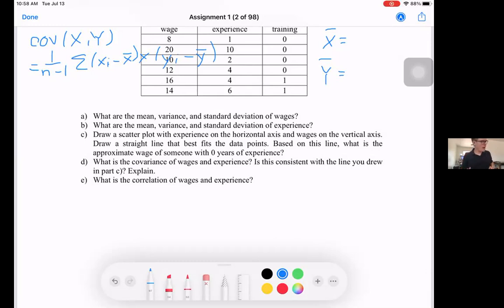Okay, I have that the average wage was 13.3.